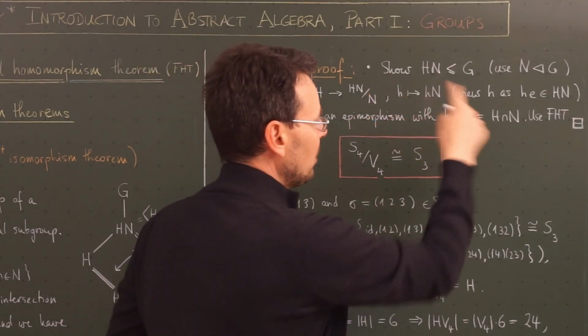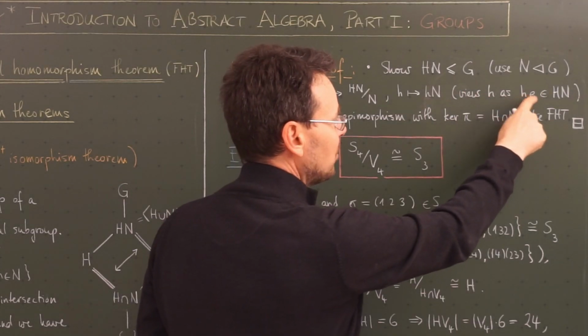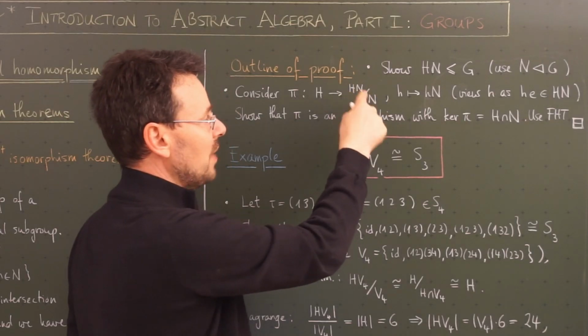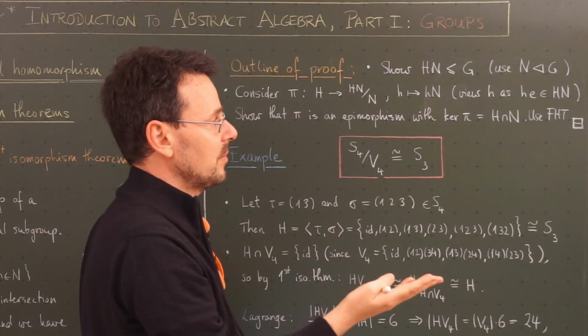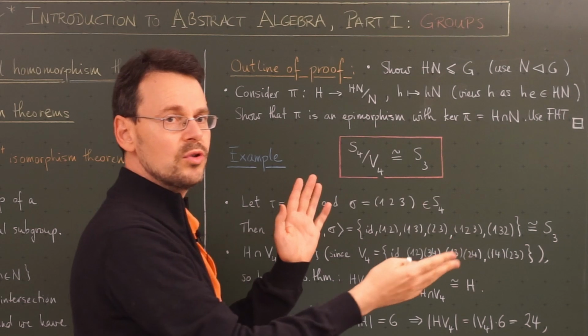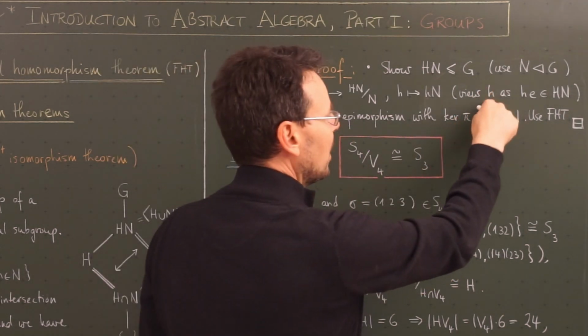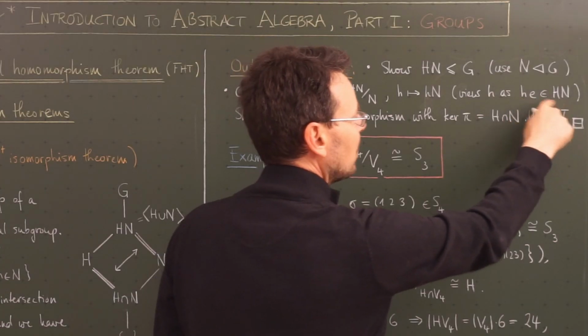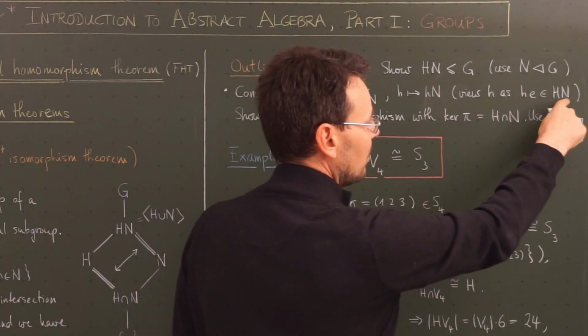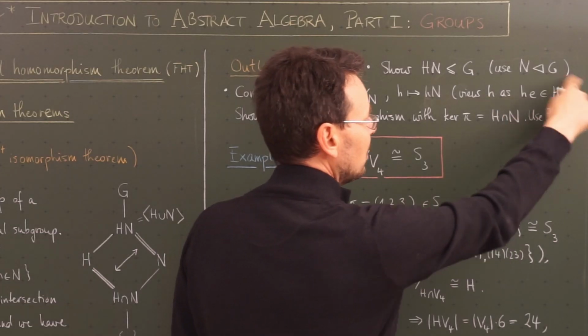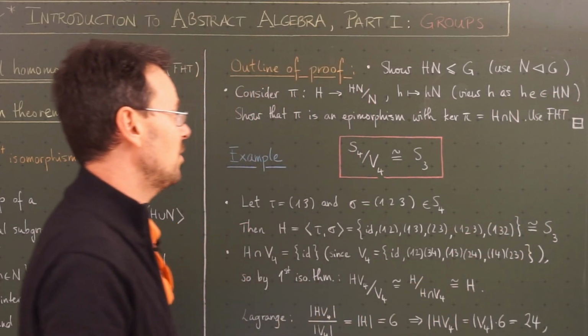And if we think of h as being written as he, then this is indeed an element not only of H, but of HN. We simply take the inclusion map without writing it down from H to HN, because any h can be written like that, and because e is an element of N, h, which can be written as he, can be viewed as an element of HN.